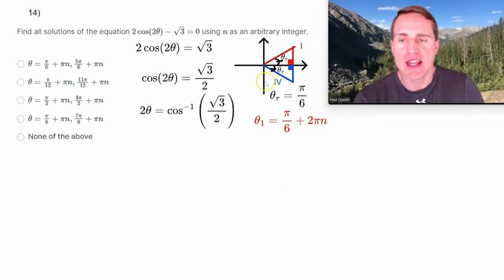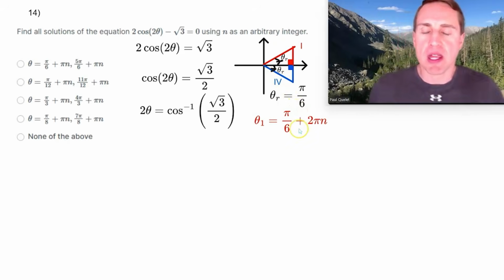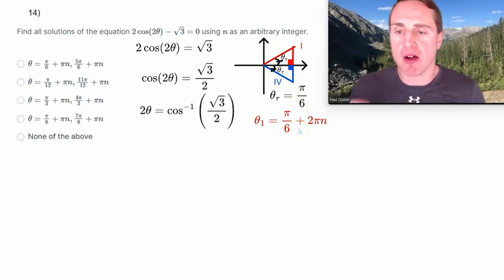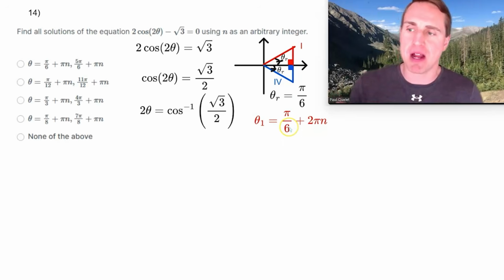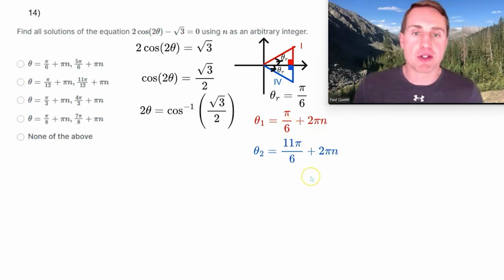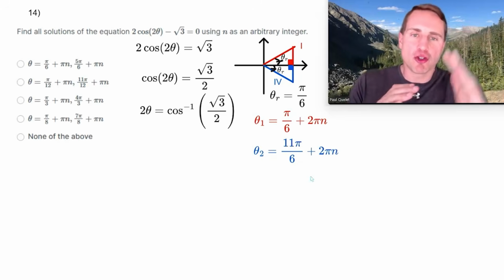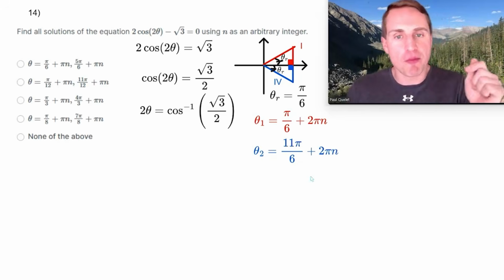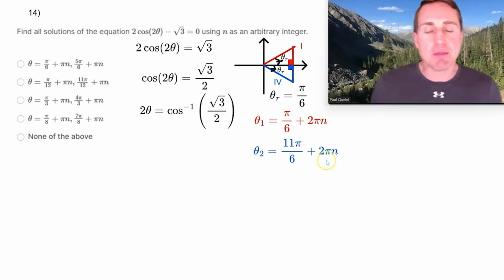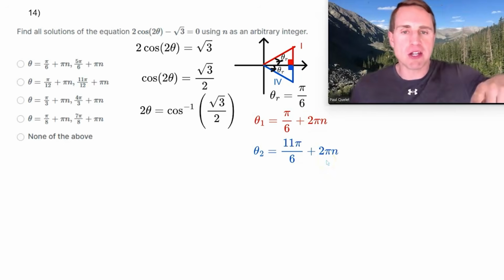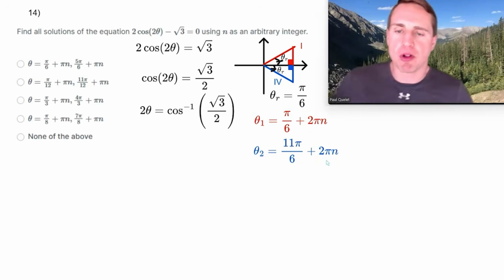Notice that theta 2, which is in blue, is going to have the same reference angle of pi over 6, but that's going to be 11 pi over 6. So it's 11 pi over 6 plus 2 pi n, because 11 pi over 6 is pi over 6 radians shorter than 2 pi, which would be 12 pi over 6. And 2 pi n, because again, 2 pi is just a full rotation, same landing spot, coterminal angle.